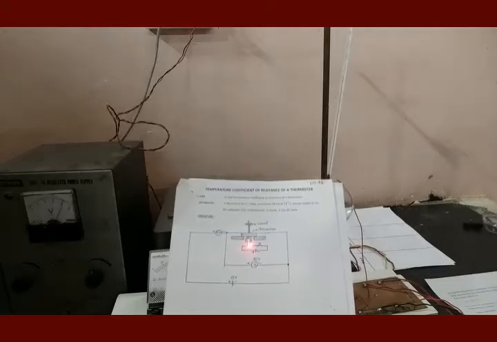Here we have a lamp. The voltage given to this lamp can be changed by this variac. Using this variac, actually the voltage will remain constant because this plus minus supply is coming in parallel with the filament of this incandescent lamp.